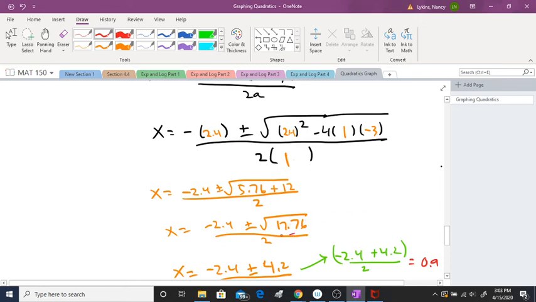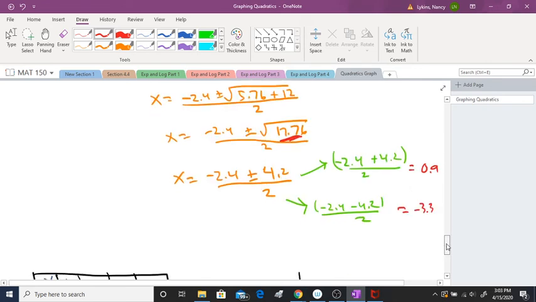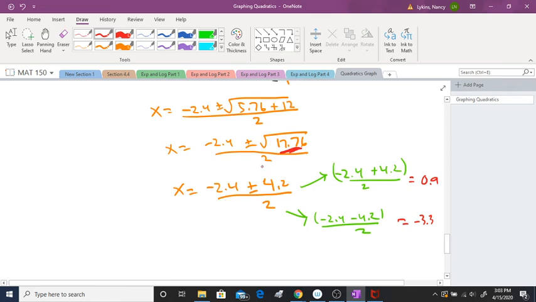The square root of 17.76 is 4.2. Now I've got -2.4 plus or minus 4.2 over 2. I'm going to split up the plus or minus: the positive 4.2 and the minus 4.2. So it's negative 2.4 plus 4.2 over 2, and negative 2.4 minus 4.2 over 2.